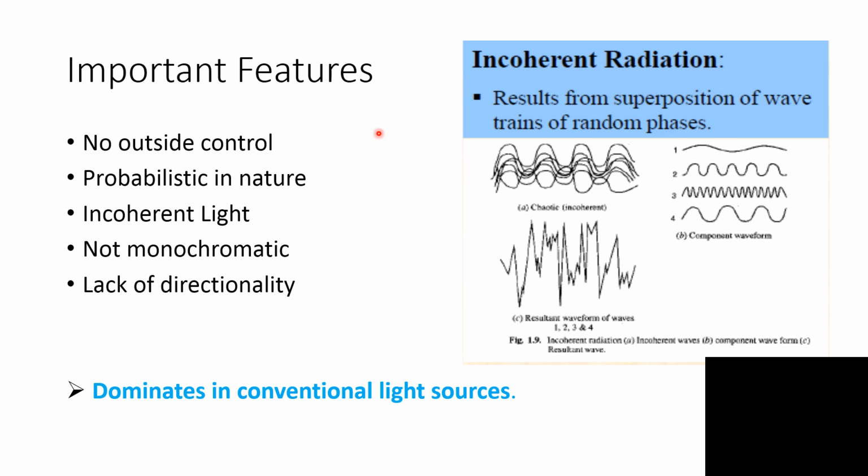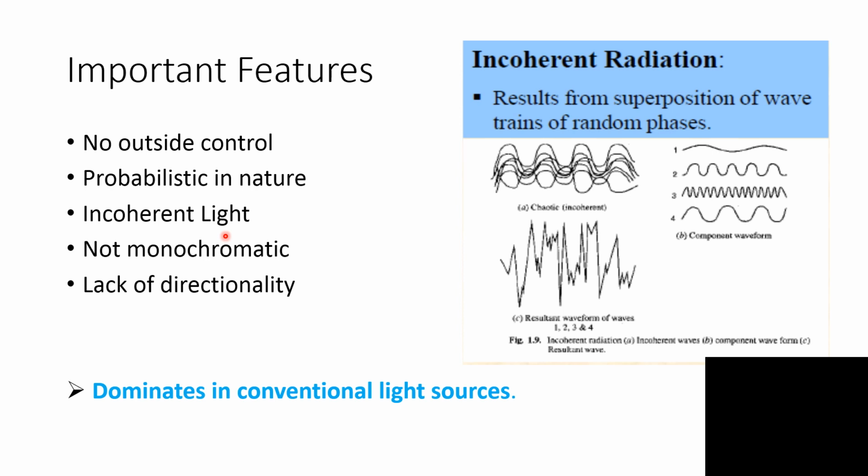Important features of spontaneous emission. Spontaneous emission is not controlled from outside, because the excited electrons automatically come down to the lower energy state after spending some time, so we can't control it from outside. And it is probabilistic in nature. Incoherent light comes out. When the electron goes from the upper to the lower energy state, it emits a photon, and this emitted photon can go in any direction.